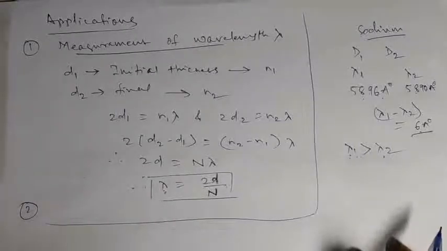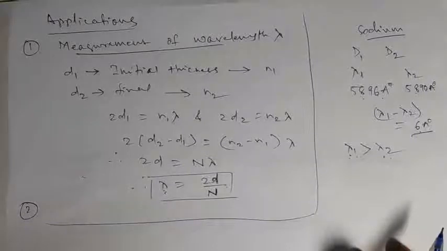Then again by moving mirror M1, a position is reached when both the bright fringes coincide and very bright fringes will be obtained.